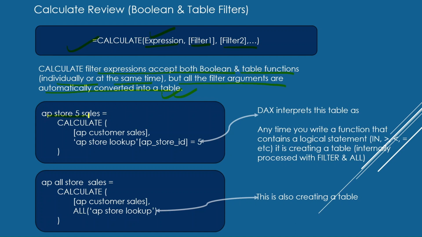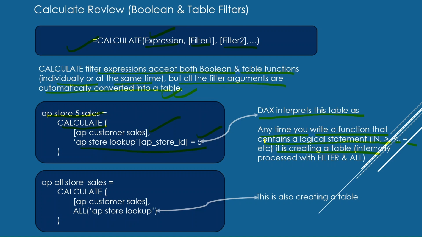This is a measure which we have written, and this is the CALCULATE function which we have written. This is the expression and this is the filter which we have used. So DAX interprets this as a table. This filter will automatically be converted into a table. Anytime you write a function that contains a logical statement, that is IN, greater than, less than, equal to, etc., it is creating a table internally.